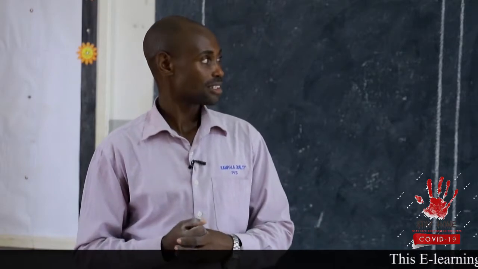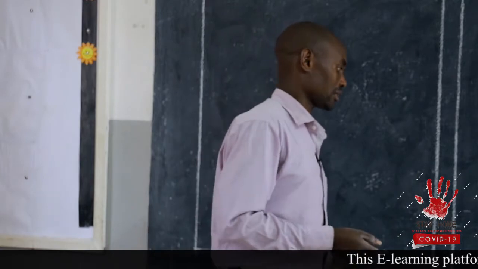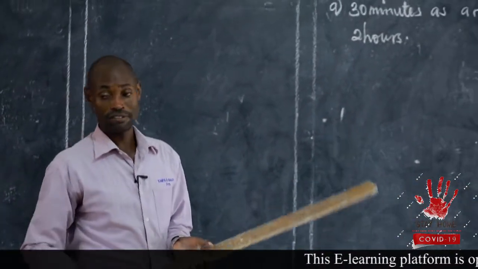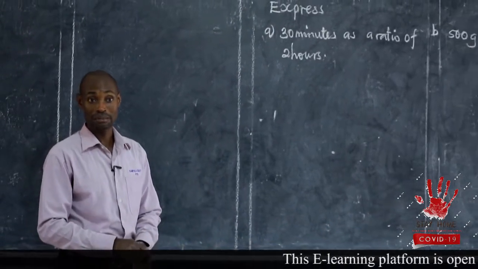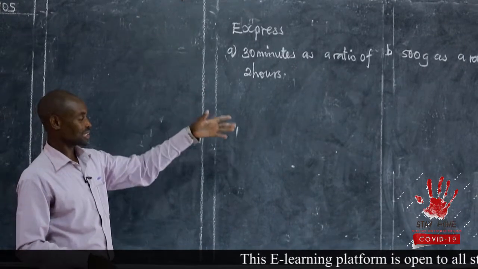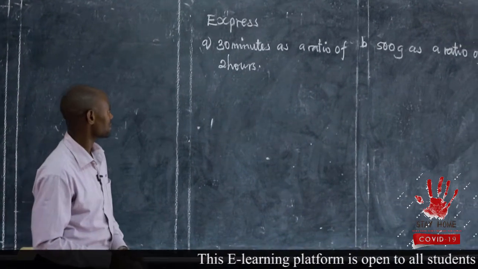Then after that, you can go ahead and express them as ratios. We have an exercise which I gave you. I may not go through all the numbers just because of time, but I have picked a few of them as a reminder of what we did in our previous lesson.